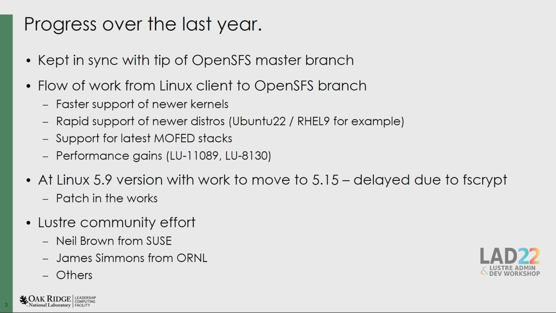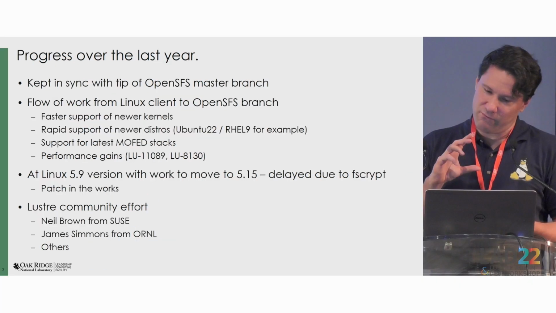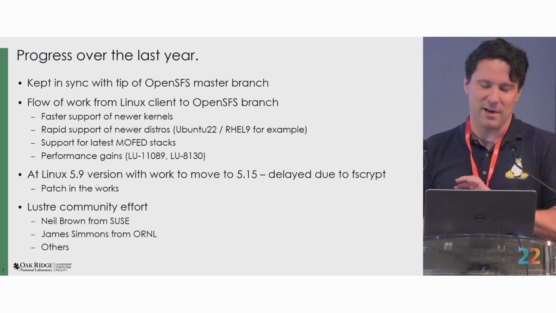As it currently stands, we're at a 5.9 kernel. And I have a patch that I'm developing to get up to 5.15 for the native client. That patch is still in the works. The biggest complexity right now is the way Lustre handles its embedded FS crypt and the native crypt. They've reworked FS crypt several times.